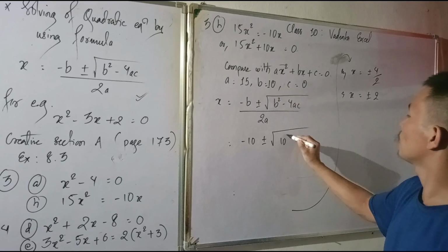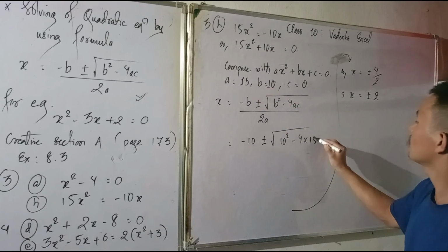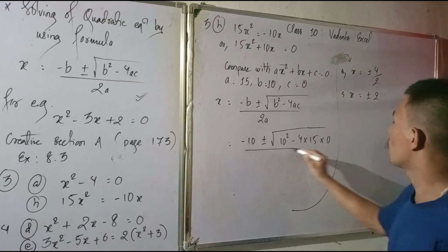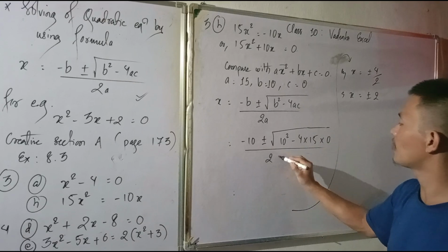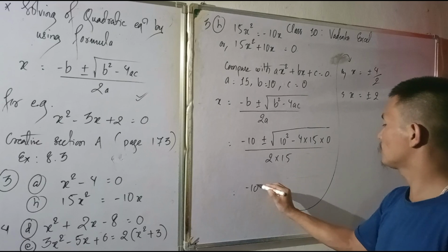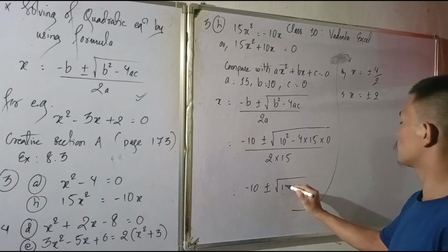Now let's see. Minus b, minus 10, plus minus b squared, 10 squared, minus 4 times a, we have 15, and c we have 0. Whole divided by 2 times a, we have 15.